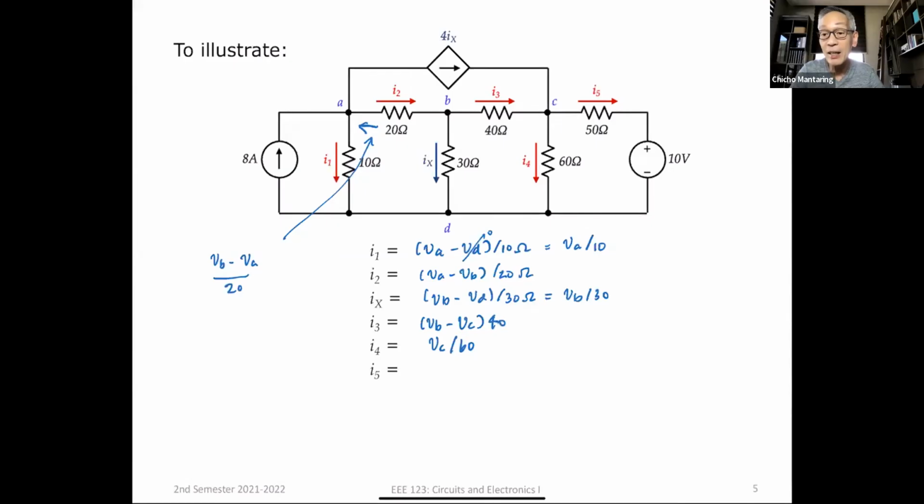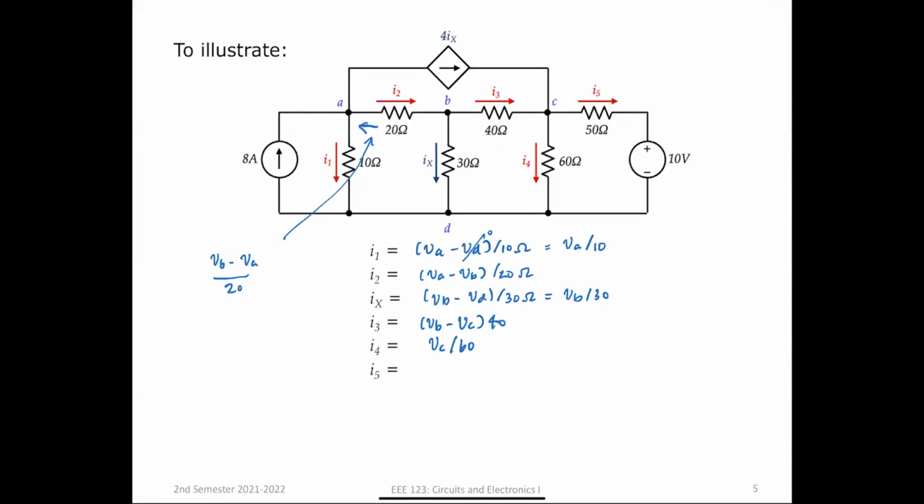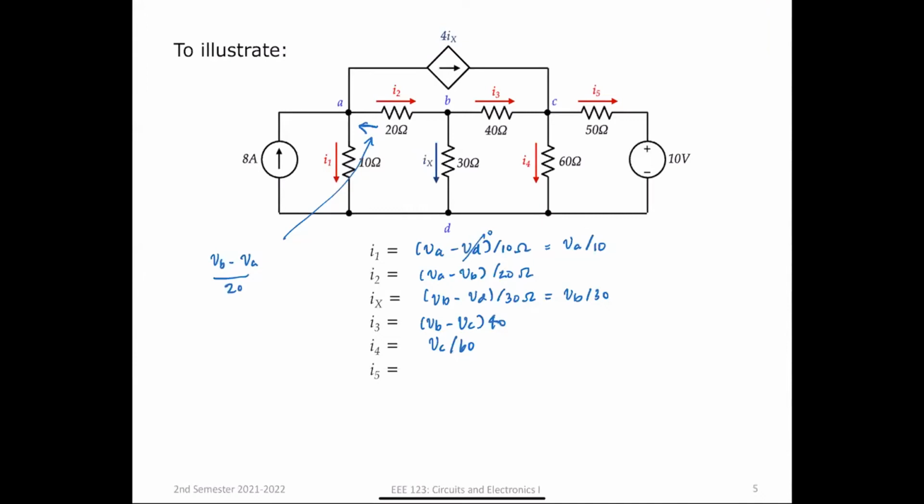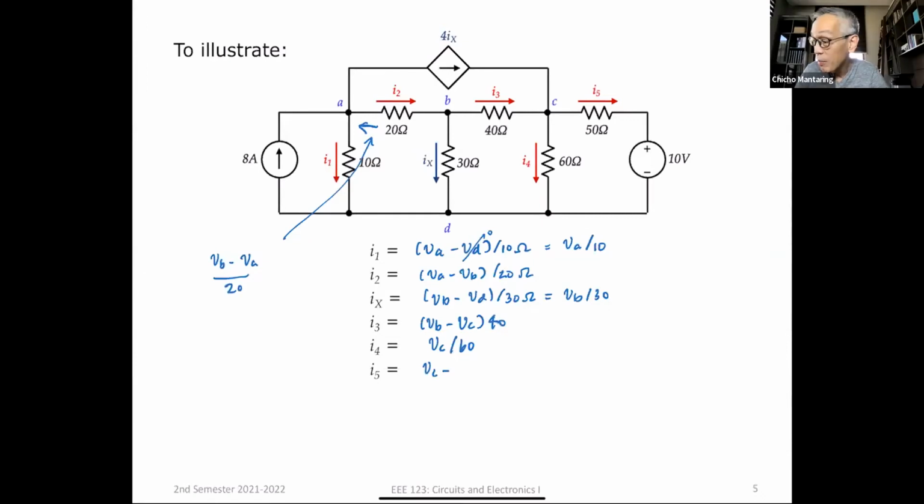Albert Castillo, what is the value of I5? VC minus 10 volts over 50 ohms. That's right. I5 is VC minus 10 over 50.